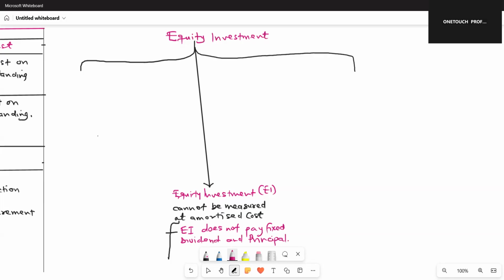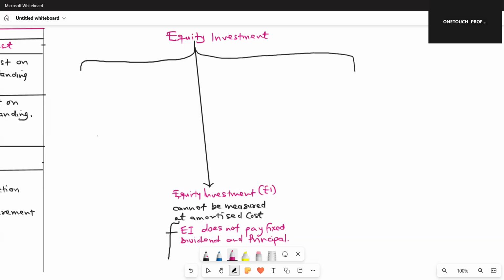If this is the reason, then why are we not excluding fair value through OCI too?